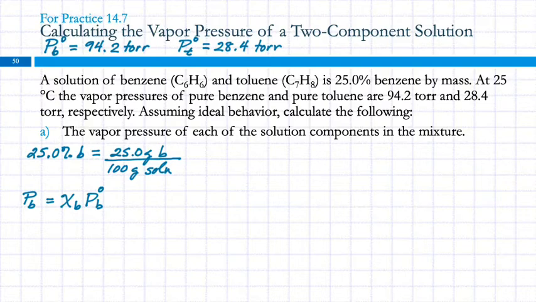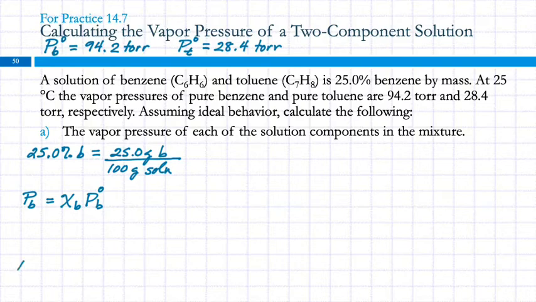So this one is going to require a little bit of problem solving. Converting the 25 grams of benzene to moles, that's fine, right? But 100 grams of solution, how do I convert that to moles? It's two different things. It's got two different molar masses. I need the mass of toluene. So let's think about this.